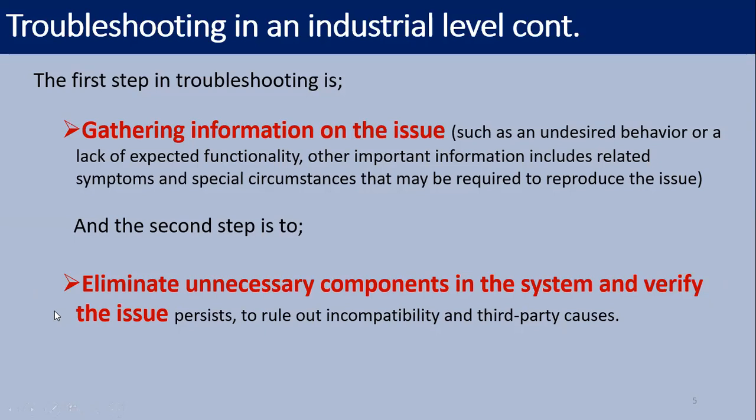Even in our social experience, regarding your friend, what is told by he or she, then our friend may tell a different story, but the problem is a very simple thing. So first we gather information, then eliminate unnecessary components.